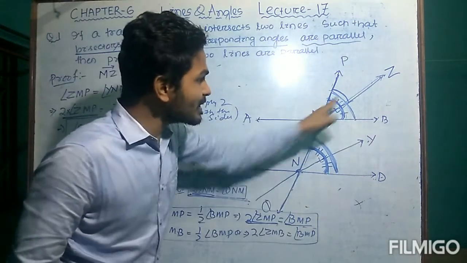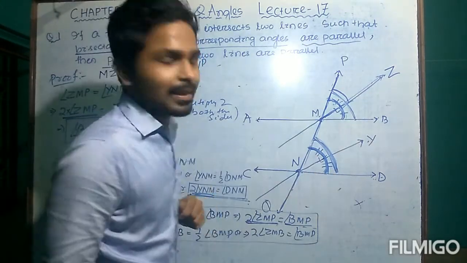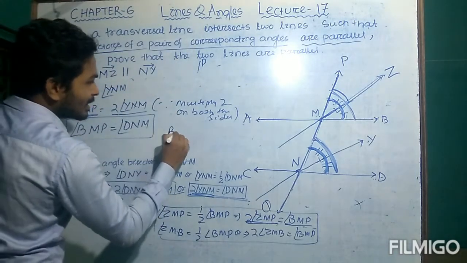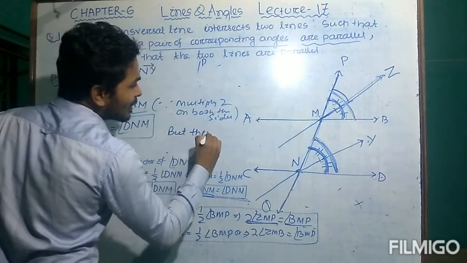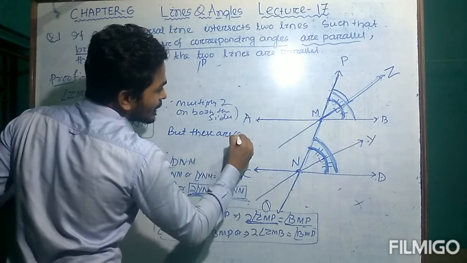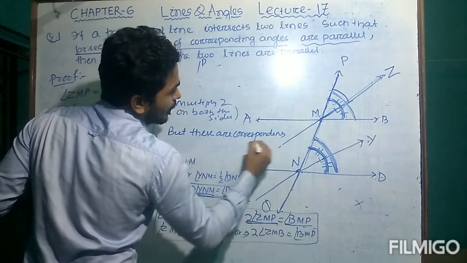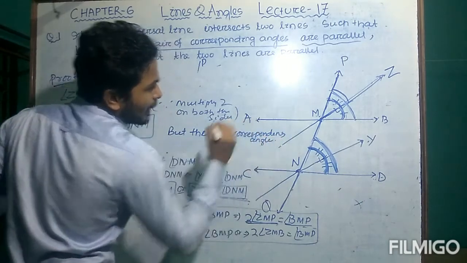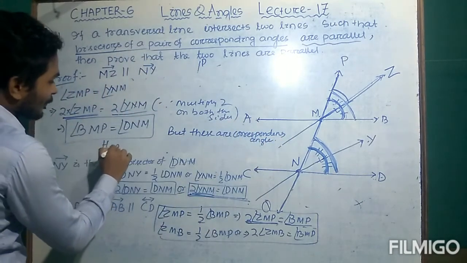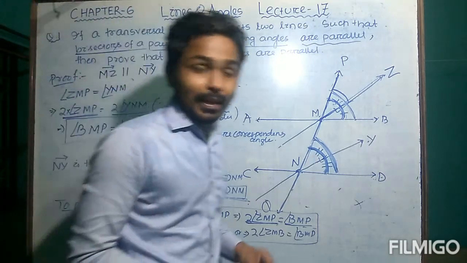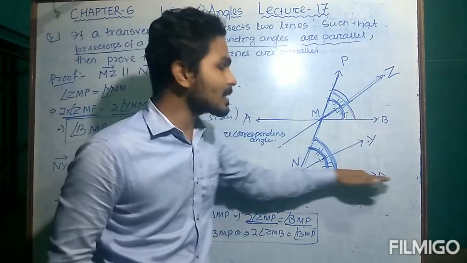So finally we find that these two angles are equal. And which type of angles are these? These are corresponding angles. Hence, what can we write? We can write that this line is parallel to this line. Why?